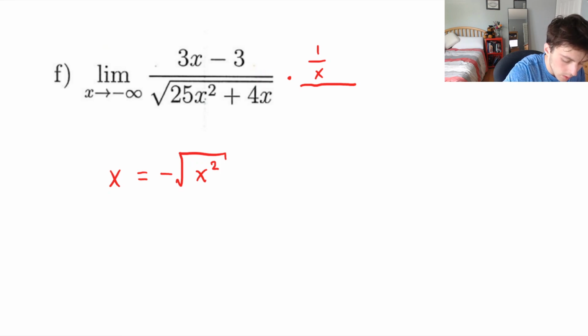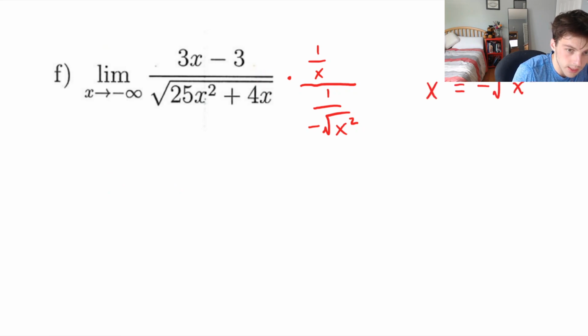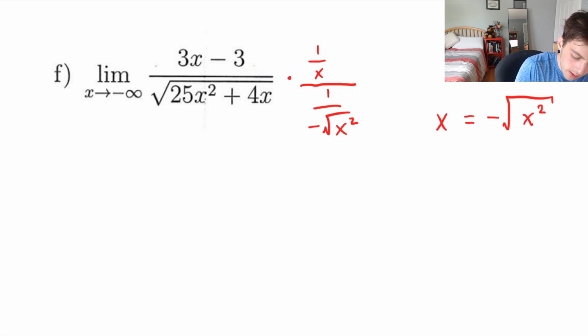So when we're dividing out this highest degree, this has to be the negative square root of x squared, right? And this is the key to this question here. And let me just throw that off to the side a little bit lower. And I'm even going to highlight it because this is the most important part of this question, to realize this.